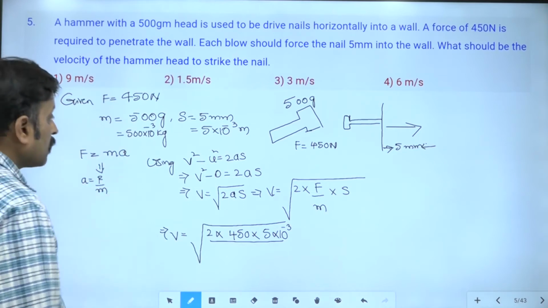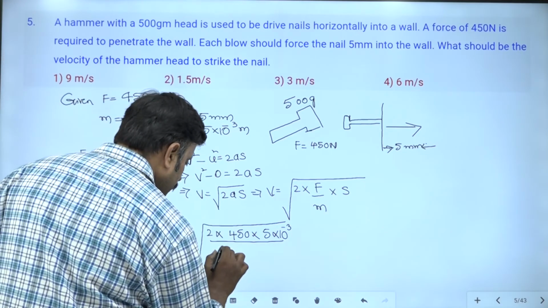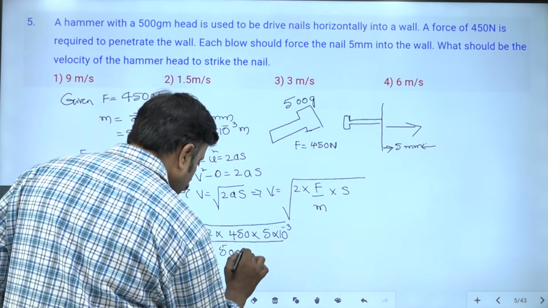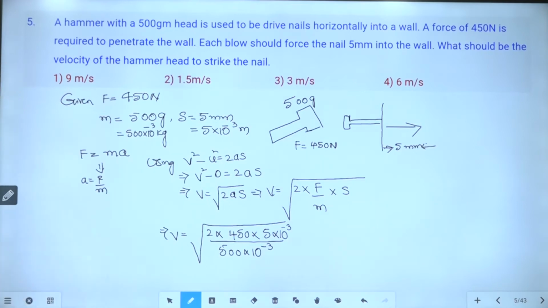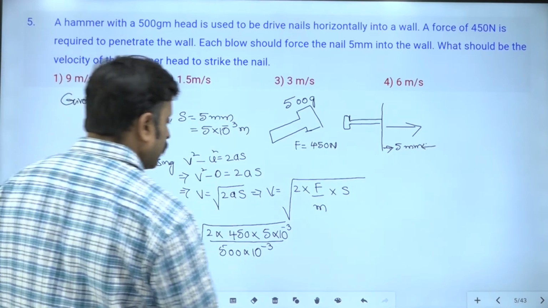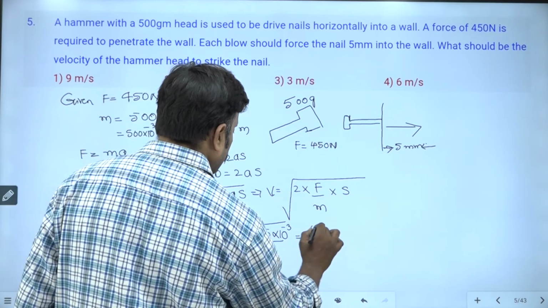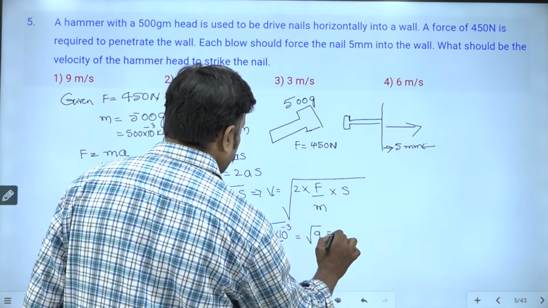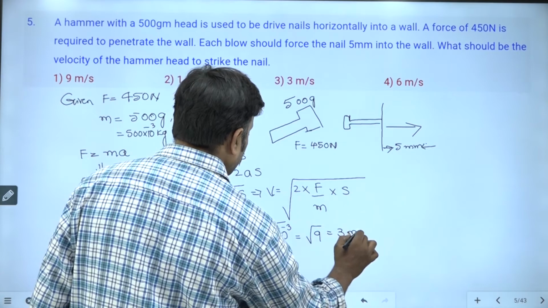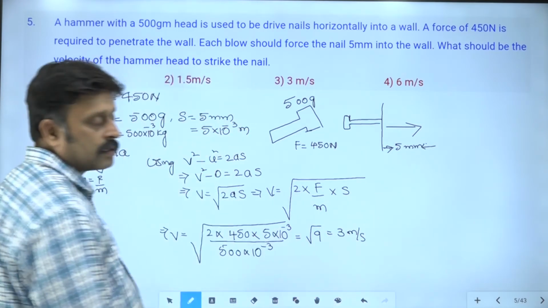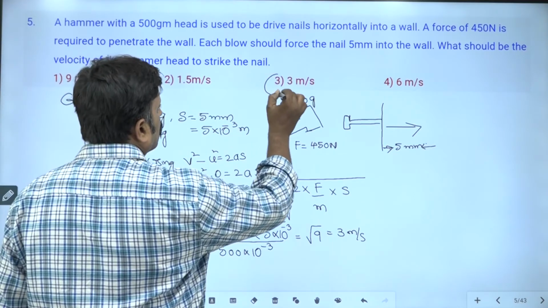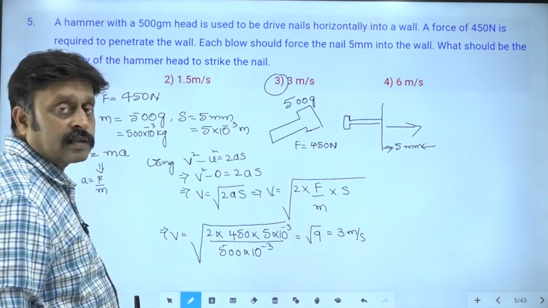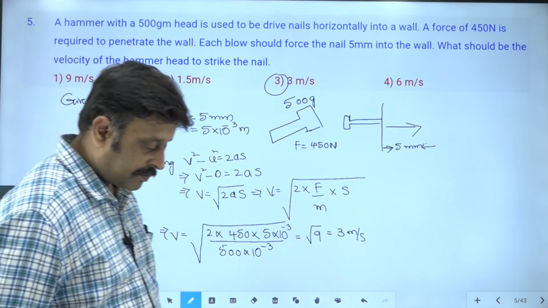Mass of the body is 500 times 10 power minus 3. Okay. This one, if you simplify, this value is going to be root 9, which is equivalent to 3 meter per second. This is the final answer. So, the third option is correct. Okay.